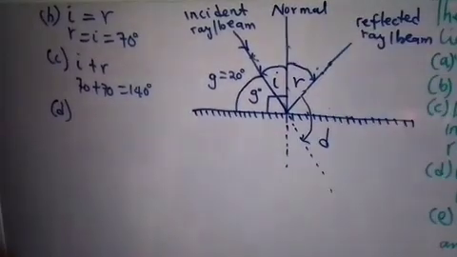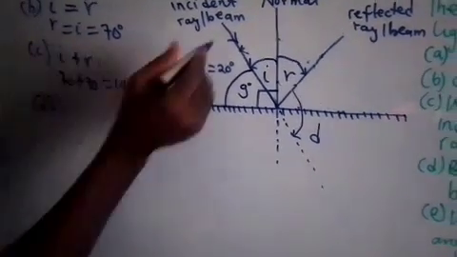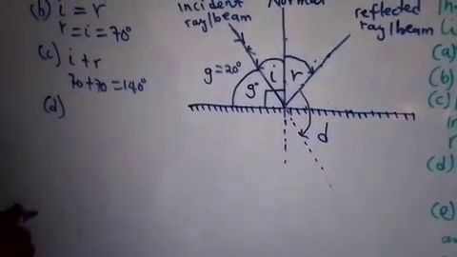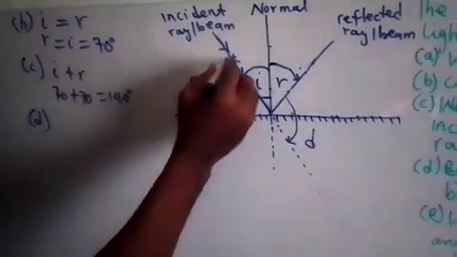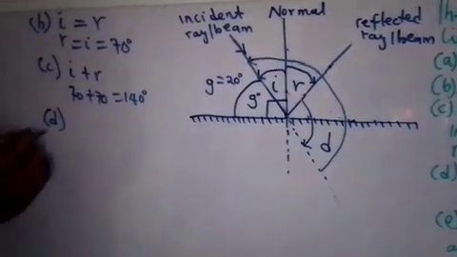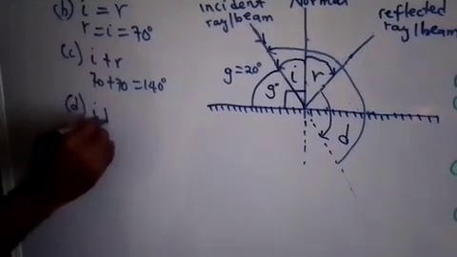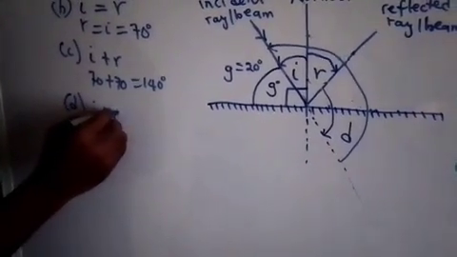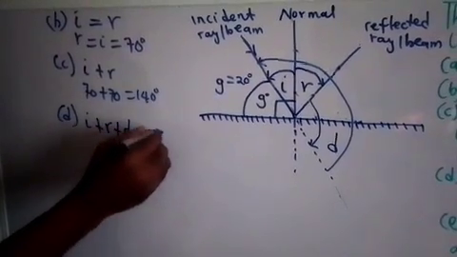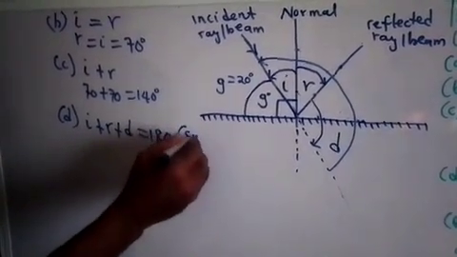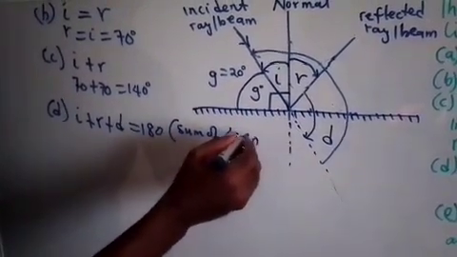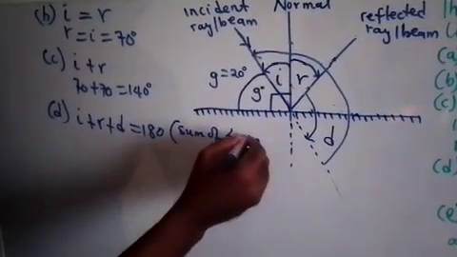How do we find it? You see that this line I'm tracing now is actually a straight line, and all angles on this straight line are supposed to sum to 180 degrees. What does that mean? Angle of incidence plus angle of reflection plus angle of deviation is equal to 180 degrees. Sum of angles on a straight line.